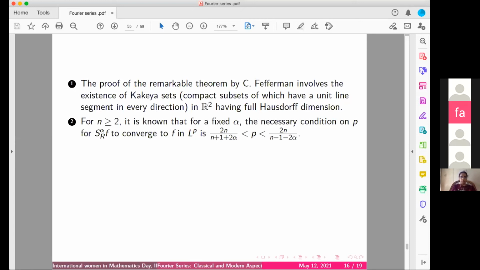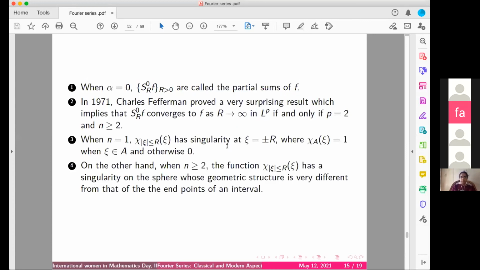So now you see, for n bigger than or equal to 2, alpha equal to 0 is sort of settled, because of the result by Charles Fefferman: it converges to f if and only if p is equal to 2.